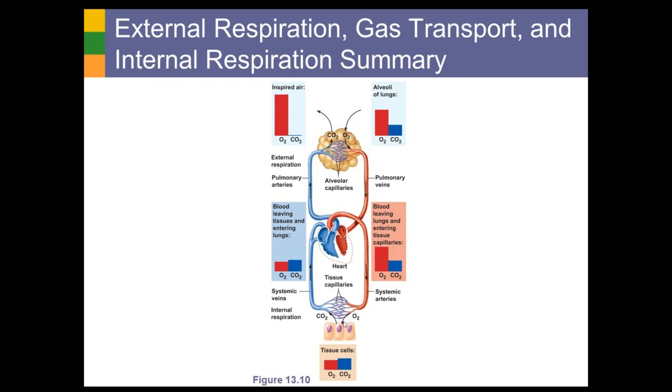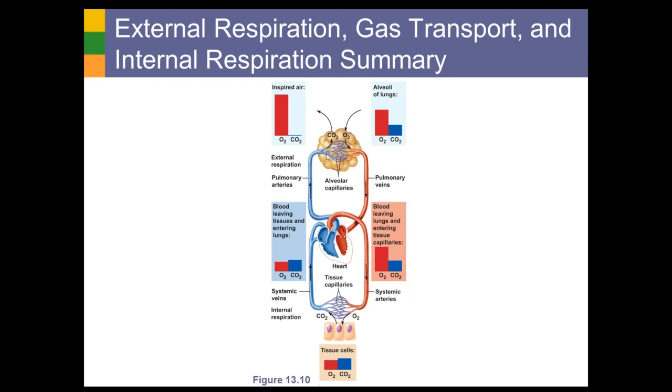At the tissues, there's more carbon dioxide than there is oxygen, and so you get diffusion of oxygen down its partial pressure gradient and carbon dioxide down its partial pressure gradient. And the blood that leaves the tissues, the ratio of oxygen and carbon dioxide looks very much like what the tissues look like, more carbon dioxide than oxygen. And that returns to the heart.